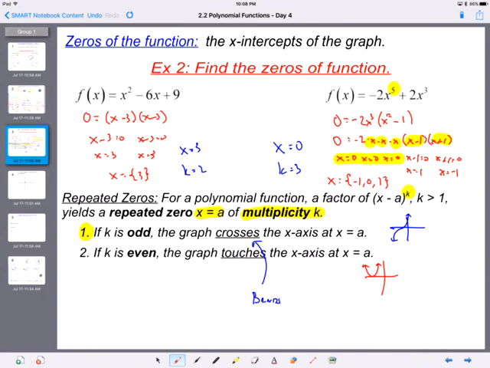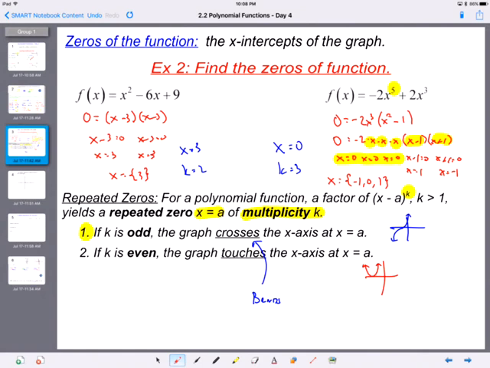And this is going to become important later when we start solving these things besides just by factoring, and we're going to look at the graph and identify some things from it. And so knowing what happens when you graph these and see that bend occur, knowing that it happens at least 3 times, is going to help you solve polynomials of higher degree.